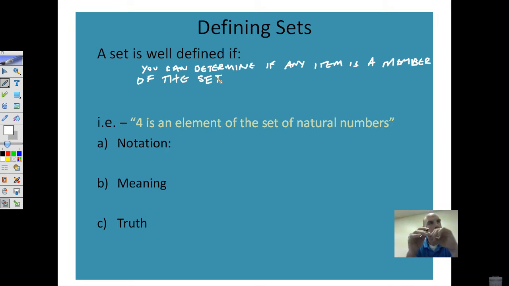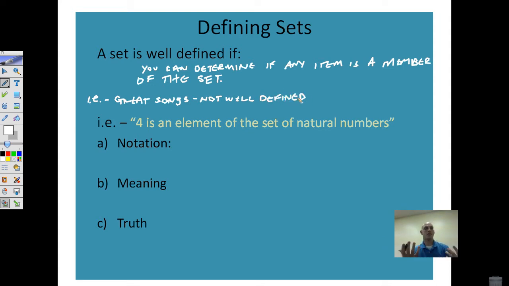For example, something that wouldn't be well defined is great songs. Why isn't great songs well defined? Because if you take a song like, I don't know, YMCA, to one person that might be a great song, but to another person that might not be a great song.